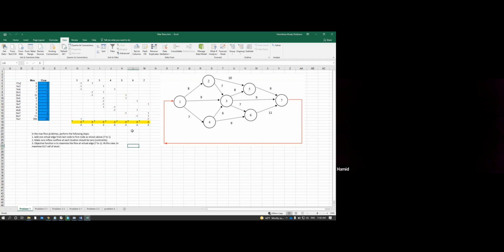It's the maximum flow that you can send from point 7 to point 1, and since it's parallel to the upper branch, it's also equivalent to the maximum flow that you can send from point 1 to point 7.